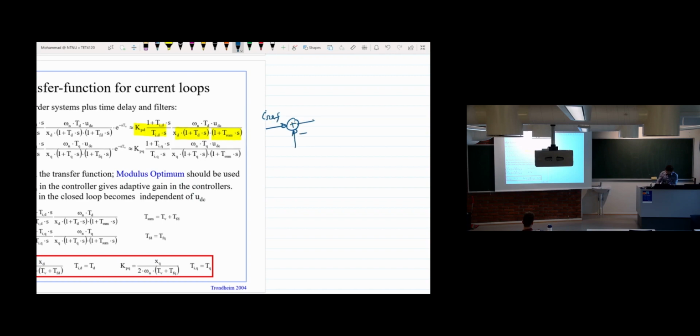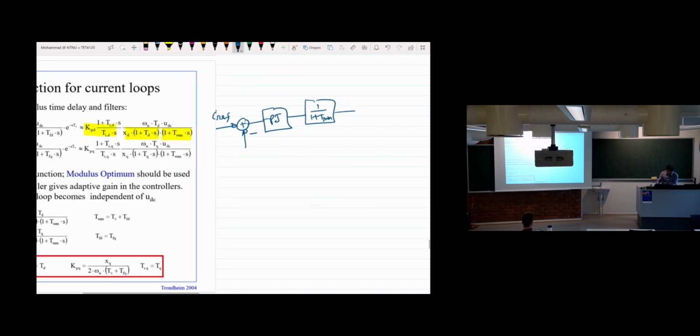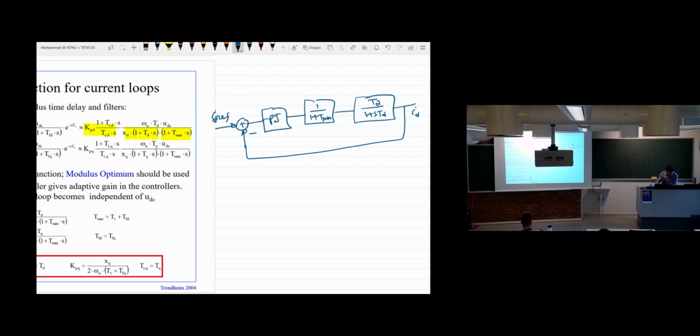And you have the first PI block and the delay block. And then you have the part from the machine, which is like TD over 1 plus sTD. And then that gives us the current, like maybe the ID current.